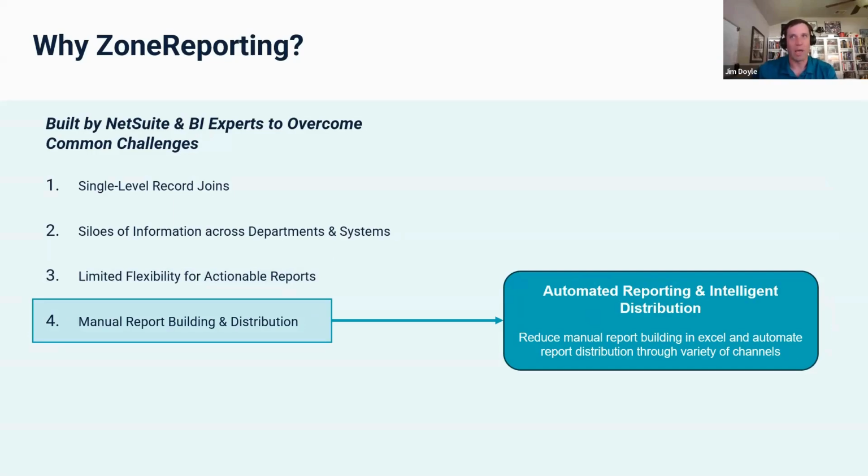So exporting to Excel, doing manual adjustments, manipulations, calculations, reformatting. We want to get you out of Excel, at least as far as the manual stuff, so that you are freed up for value add activity and actually analyzing the data and making decisions for the business.